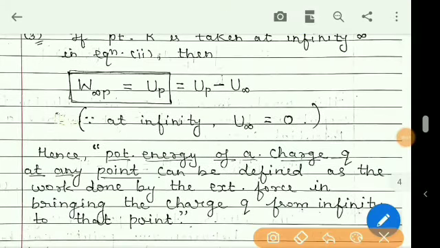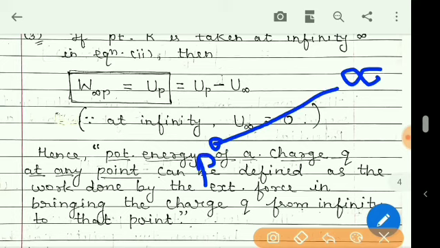So in this case, when a charged particle is brought from infinity to a given point P, we get the potential energy of point P. It is because when we write infinity in place of R, potential energy at infinity is always 0.